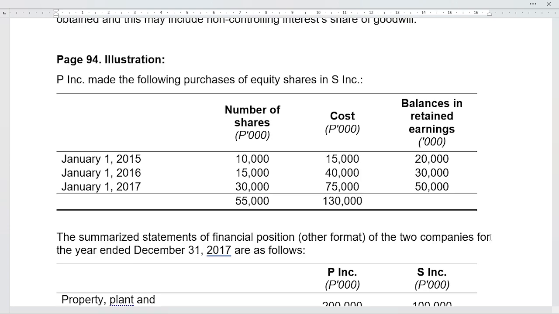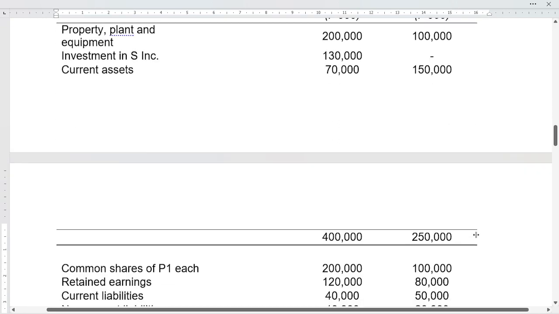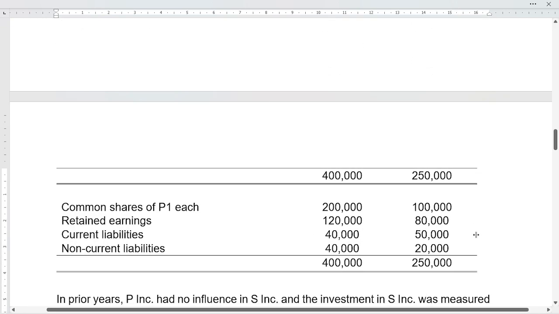Ibaba mo konti. Okay. Ang retained earnings ni S noong December 31, 2017 ay 80,000. Itaas muli.